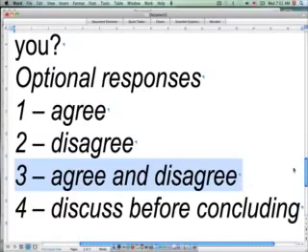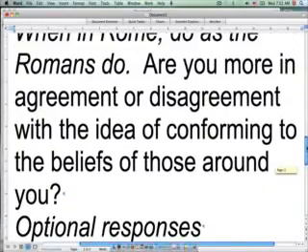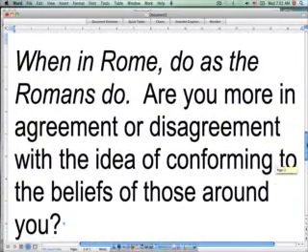Okay, so now let's just take one quick review of the question, and then we'll start our writing together. So, when in Rome, do as the Romans do. Are you more in agreement or disagreement with the idea of conforming to the beliefs of those around you?